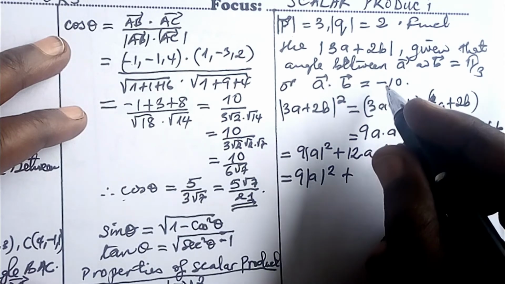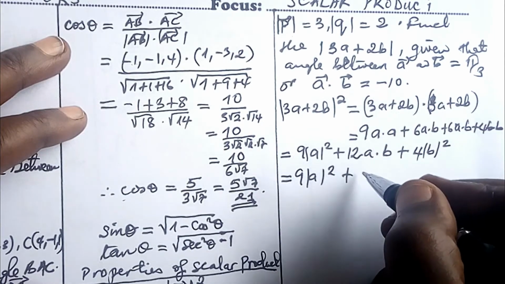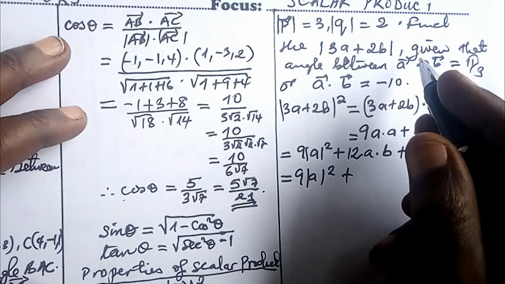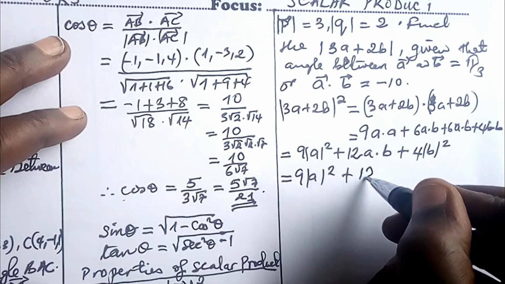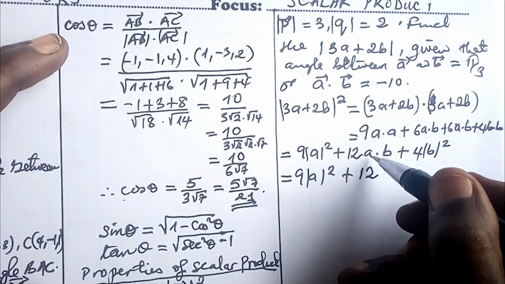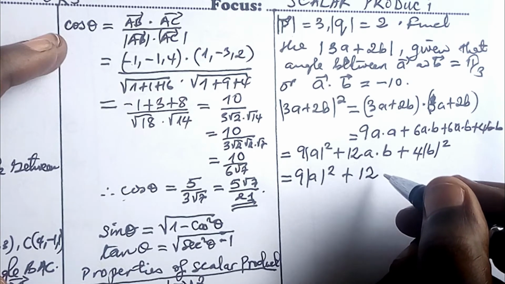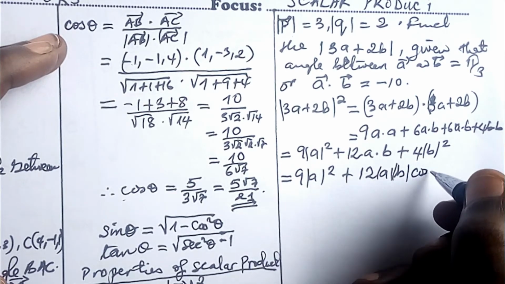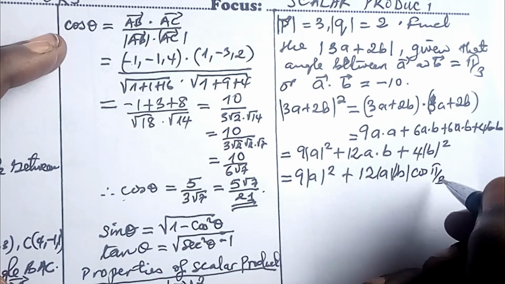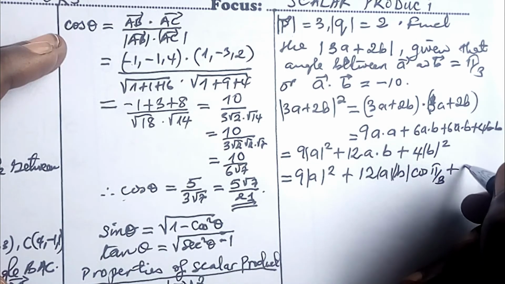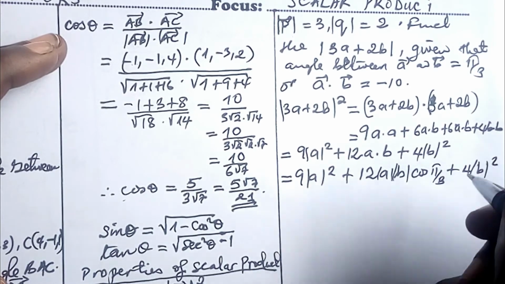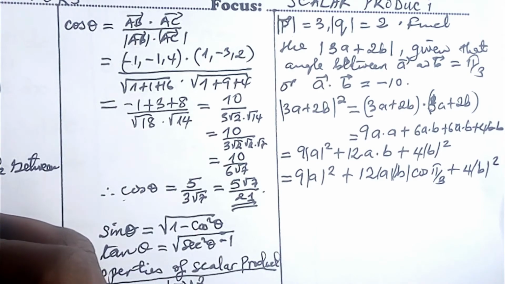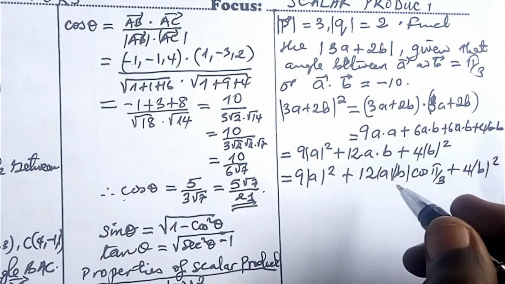Where the dot product is given, I just need to substitute negative 10 for a dot b and then I proceed. But where the angle is given, you would need again to use the formula for a dot b, which is the magnitude of a times the magnitude of b times cos theta, theta being pi over 3 in this case. So we are using that property for this middle term.